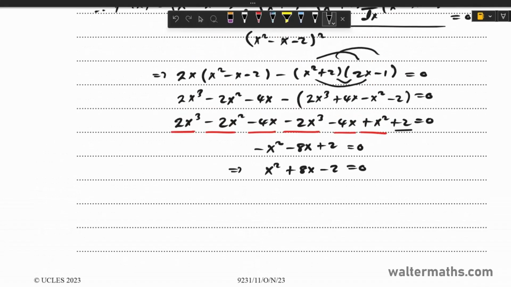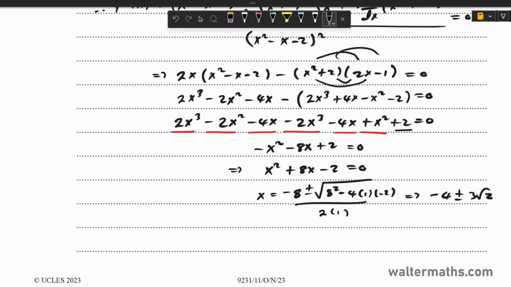So if you use the quadratic formula here, you are going to have x to be minus 8 plus or minus the square root of 8 squared minus 4 of 1 of minus 2 all over 2 of 1, and you will get minus 4 plus or minus 3 root 2 as a result.